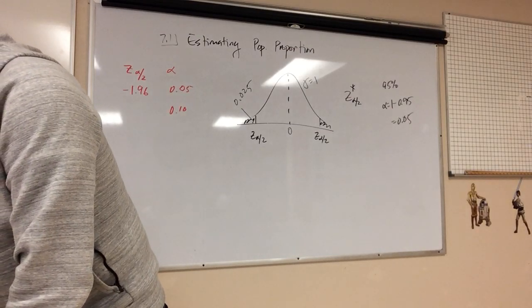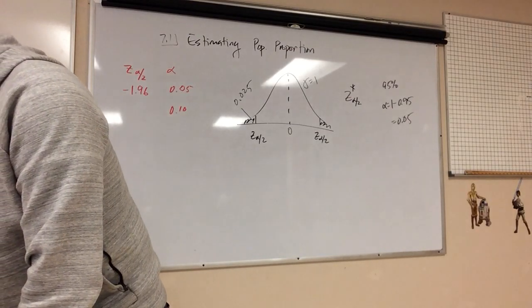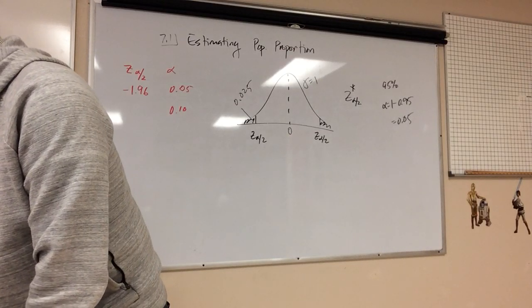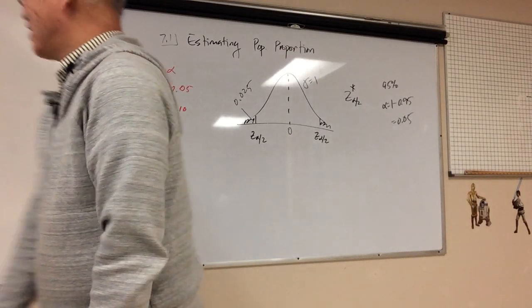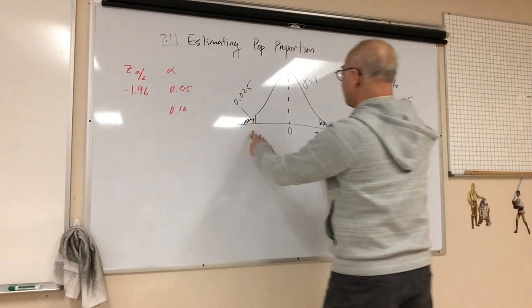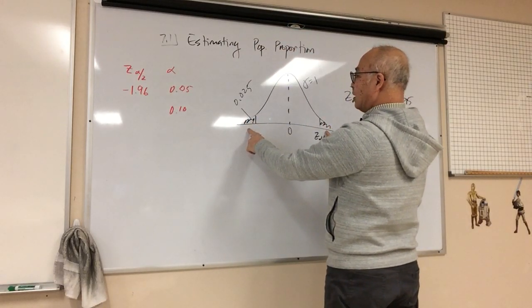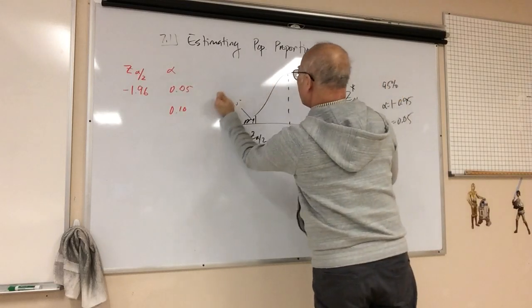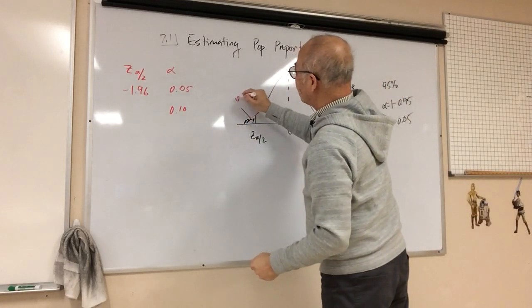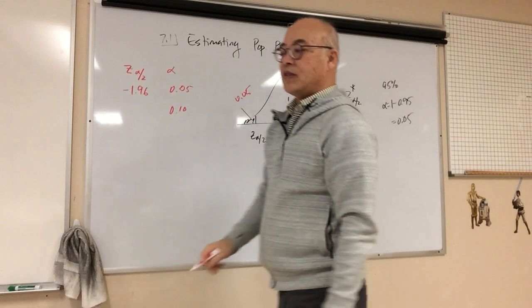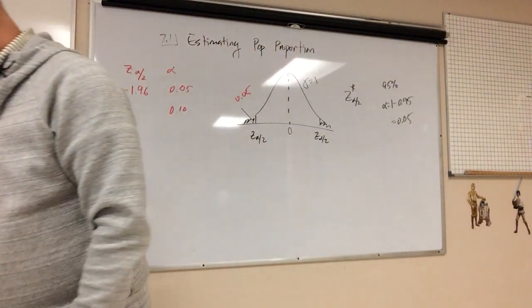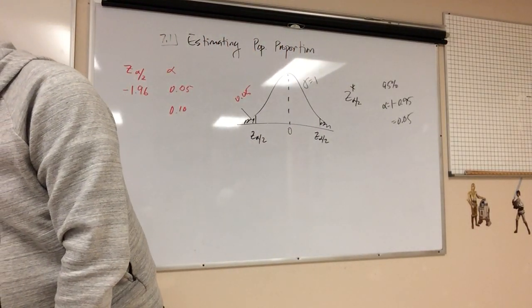Spencer? No idea? Well, it's 10%, right? So instead of this being 0.025 and 0.025, now it's going to be 0.05, correct? So I'm looking for 0.05 in the middle of that table.